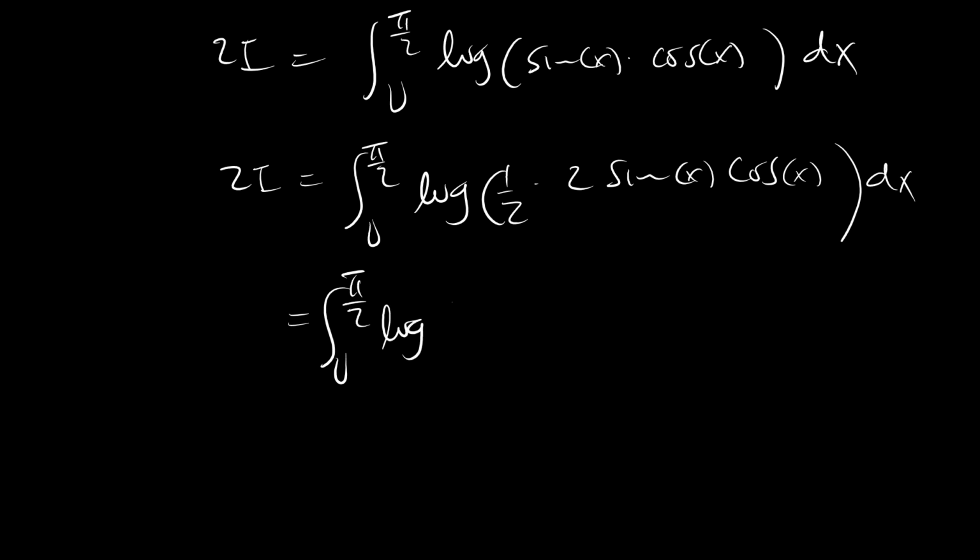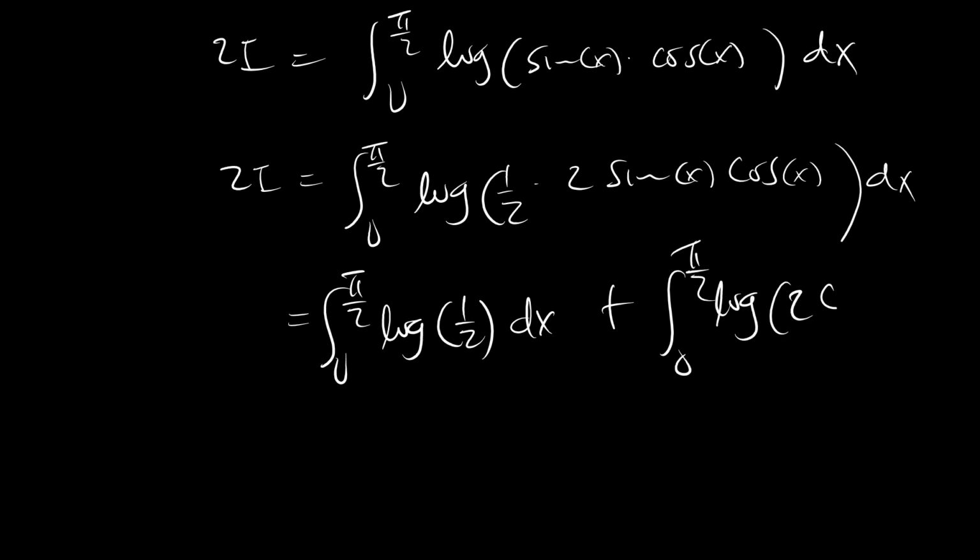We can decouple off the half, plus the integral from 0 to pi over 2 of log of twice sine of x cosine of x dx. Let's just delete that. Writing too fast doesn't help.